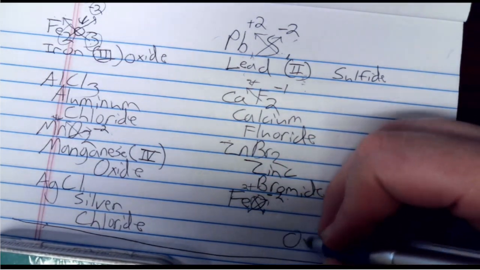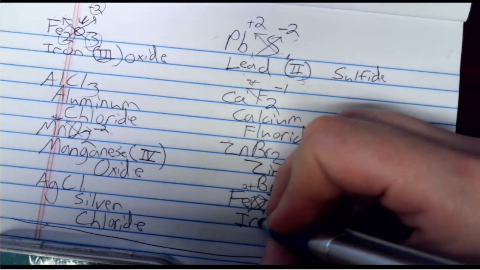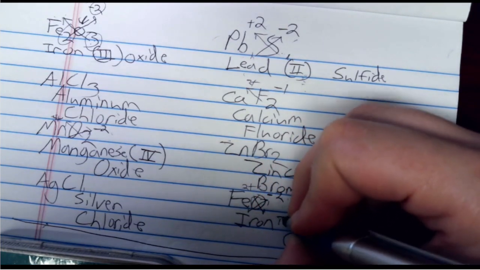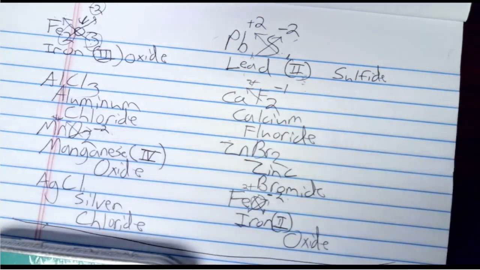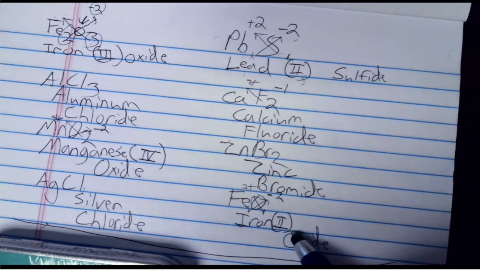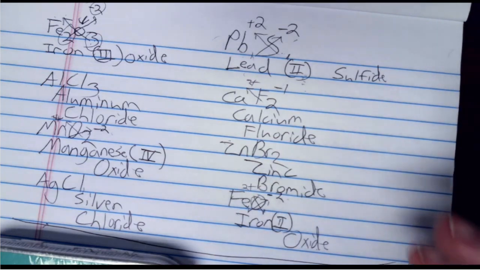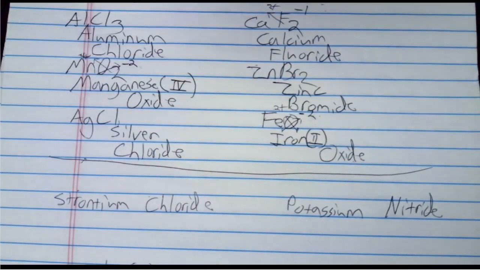So it's still oxide, but this guy is iron 2 oxide. We got 2 because it's a 2 plus charge, not because there's 2 of them there. Iron 2 oxide. That's how we would go about naming these guys.